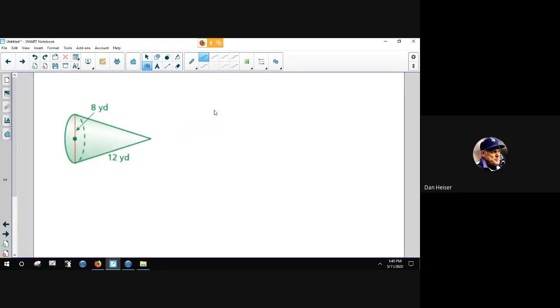Next problem. Find surface area, and again, we will go in terms of pi. So we will leave pi in our answer. Now you gotta be a little careful here because we're not given a radius, we're given the diameter. We have a radius, here's our slant height, and we're all set to go.